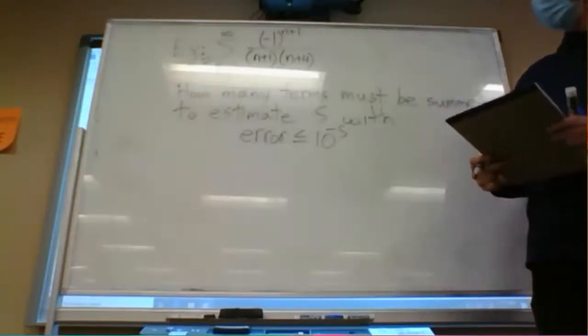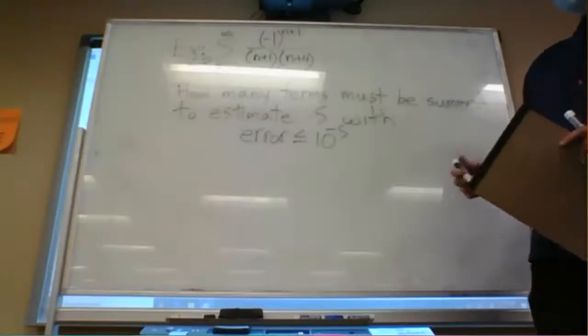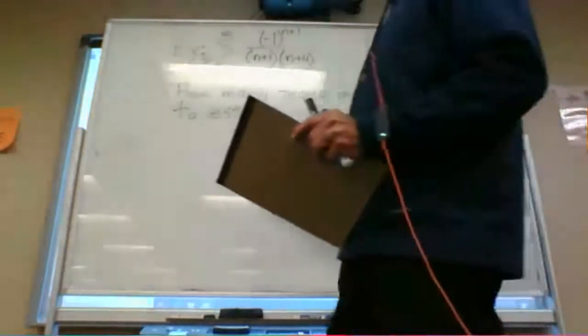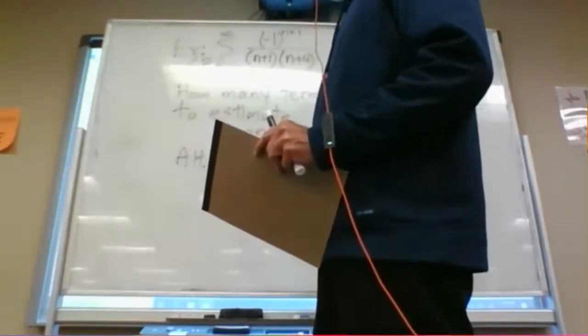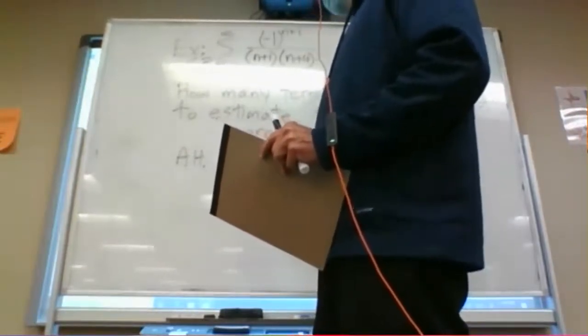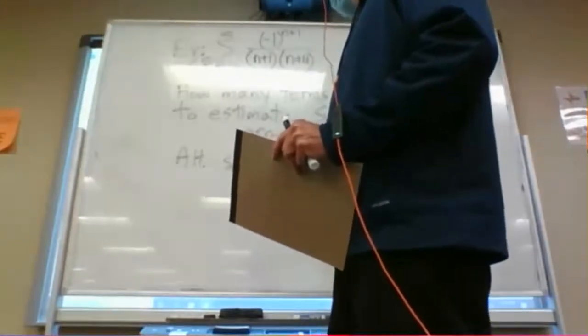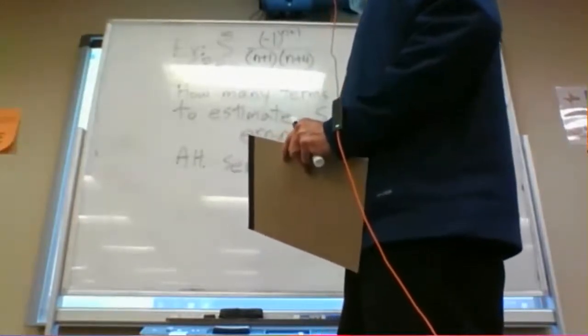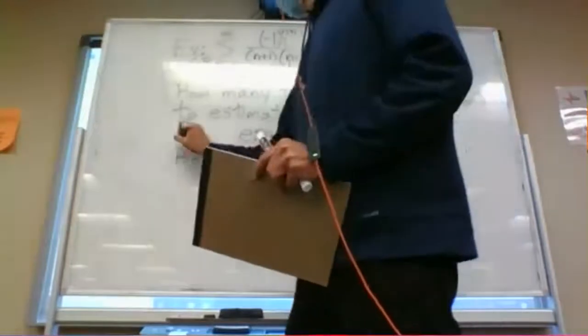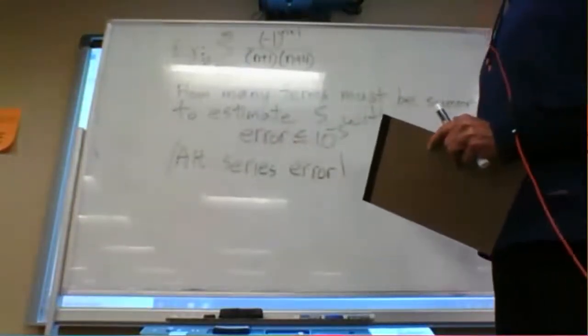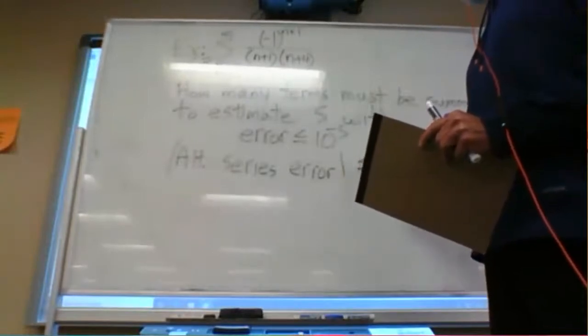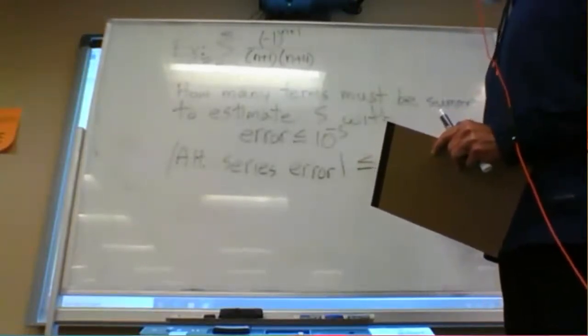And what we said was that the error for an alternating series, where it goes plus minus plus minus, in absolute value, since it can be positive or negative error, is less than or equal to the next term in the series.